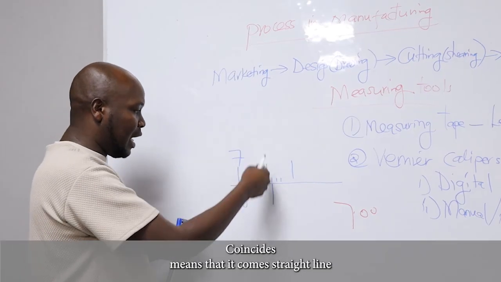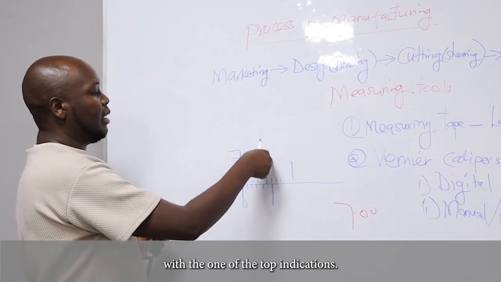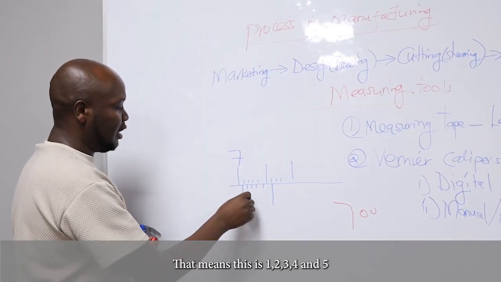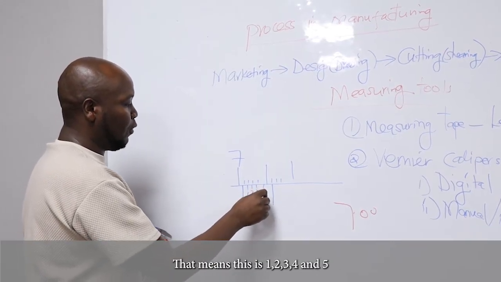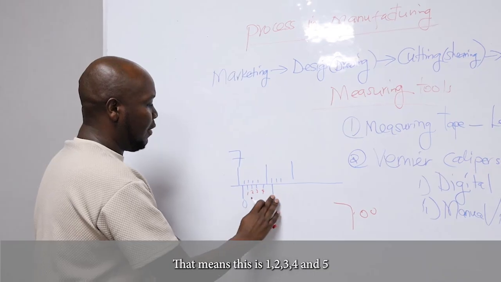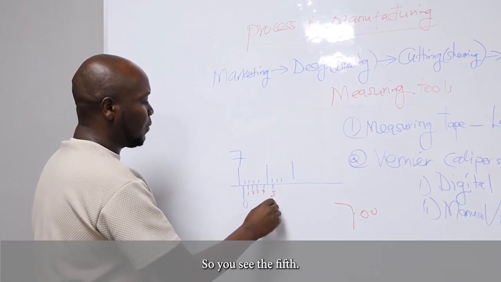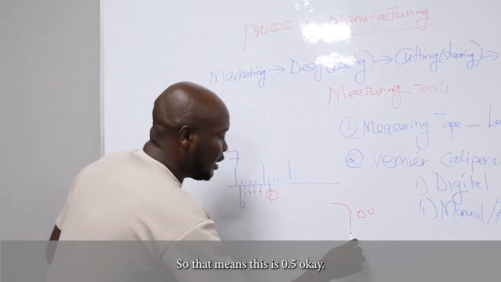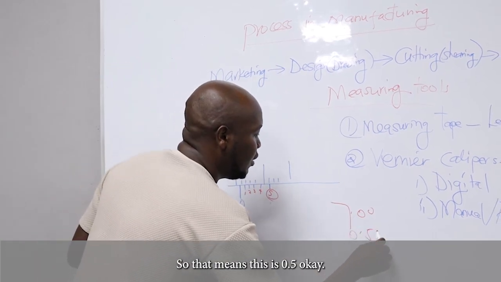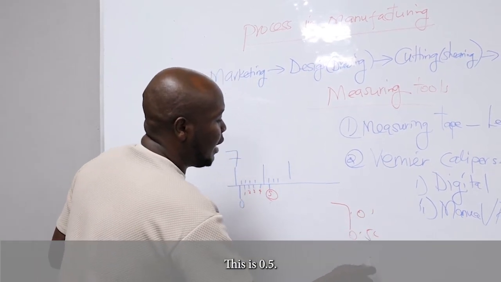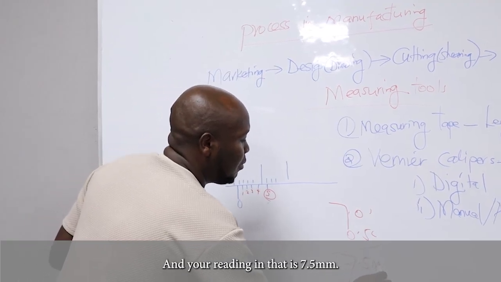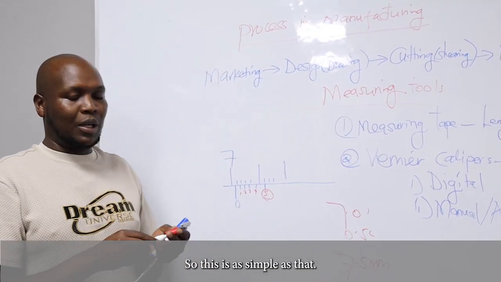Coincides means that it comes in a straight line with one of the top indications. For example, this is 0, that means this is 1, 2, 3, 4, and 5. You see the fifth one coincided with the top part. So that means this is 0.5, and your reading is 7.5 millimeters. It is as simple as that.